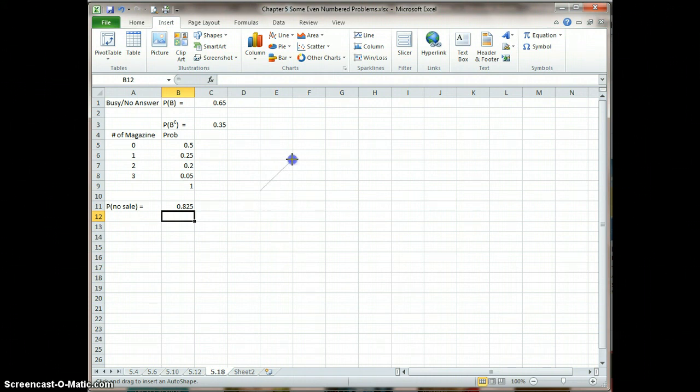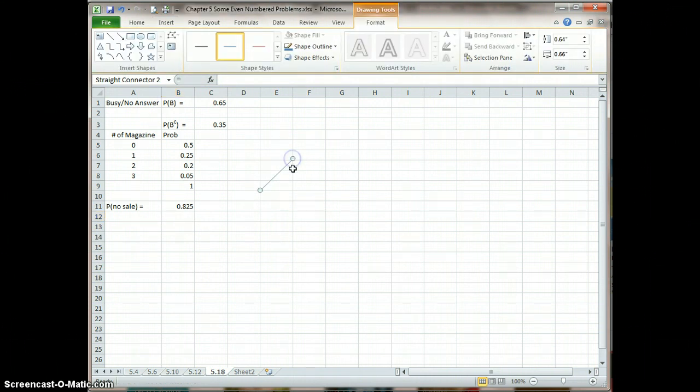So I'm just going to draw up first, put in another line going down, and then in this case we'll do another straight line across. I'm going to hold down my shift key and put in another one.